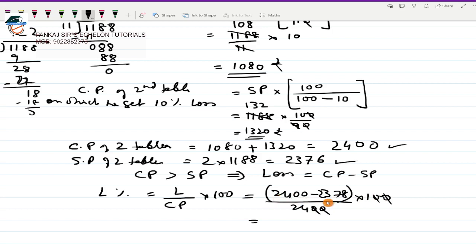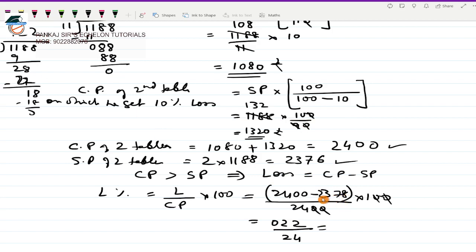Now this is 2400 minus 2378. So 10 minus 8 should be 2, and then 9 minus 7 should be 2 again. 3 minus 3 will be 0, and 2 minus 2 is again 0. So you will get 22 on the top upon 24. Okay, 22 upon 24. Now 22 upon 24 should work out to how much? Okay, see, a silly mistake over here.